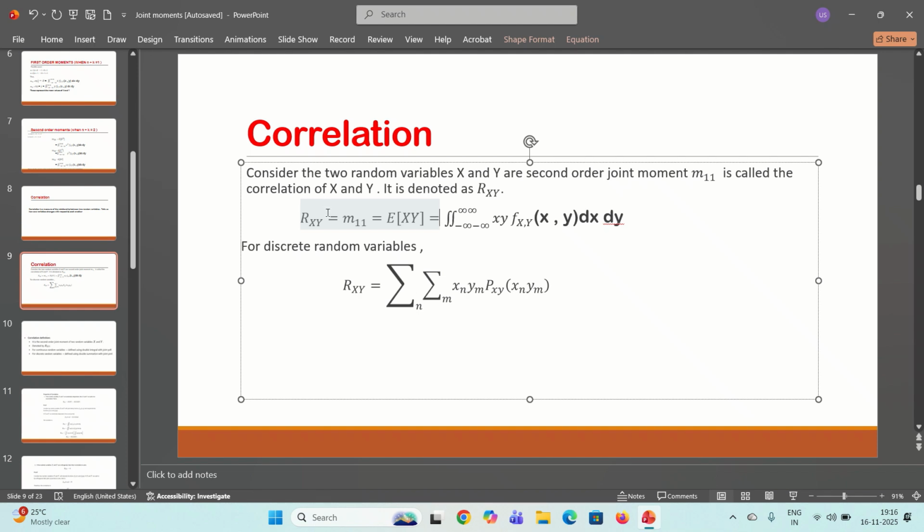Correlation for discrete random variables is shown below. Rxy equals summation over n and summation over m of xn ym p of x comma y of xn comma ym.